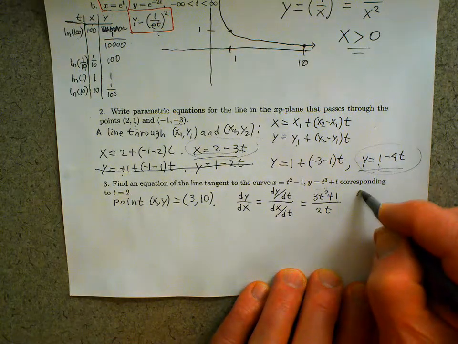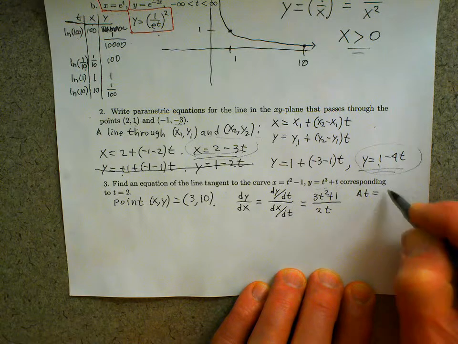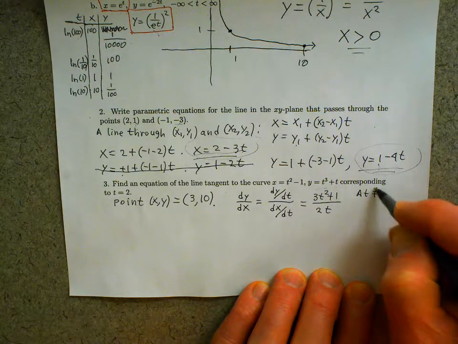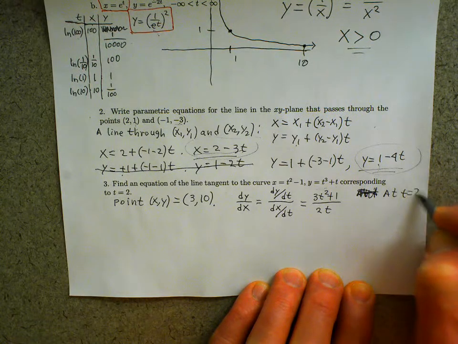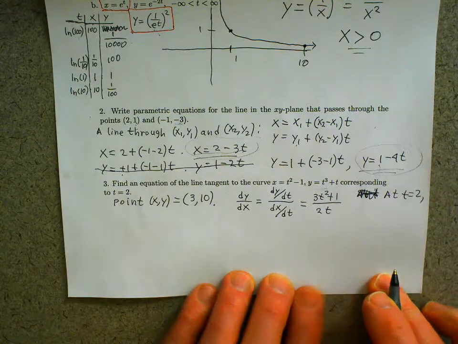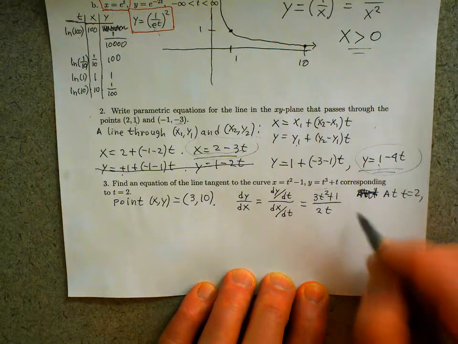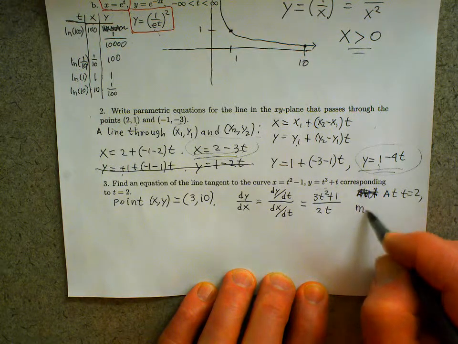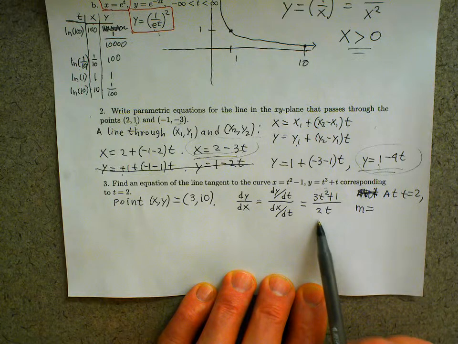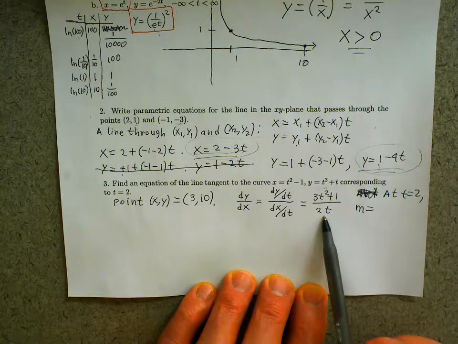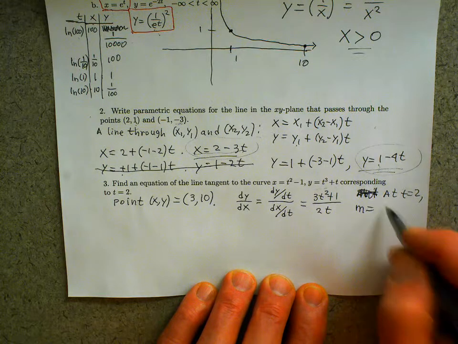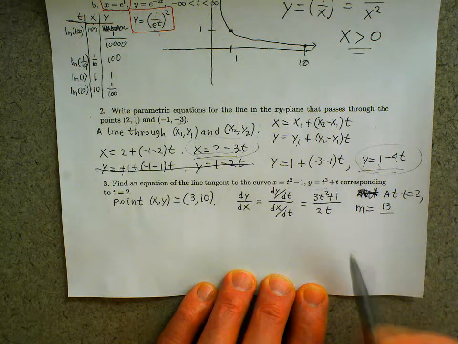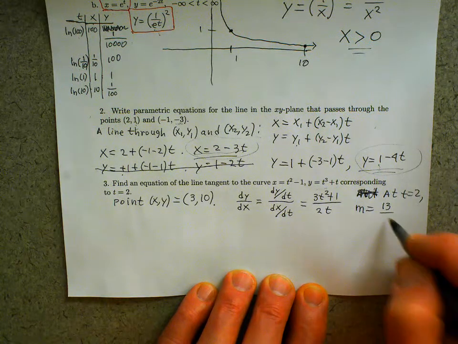And then at t equals 2, the slope of the tangent line is the derivative evaluated at t equals 2. So the numerator, 3 times 2 to the second plus 1, is 13. And in the denominator, 2 times 2 is 4.